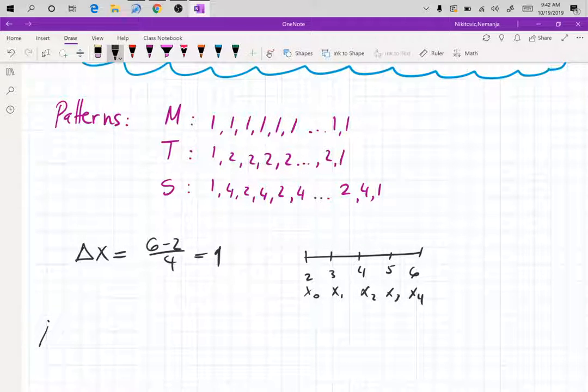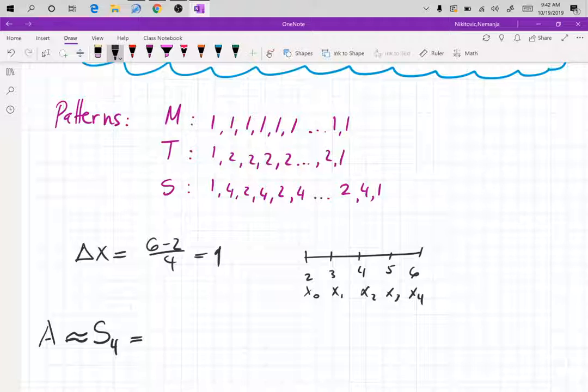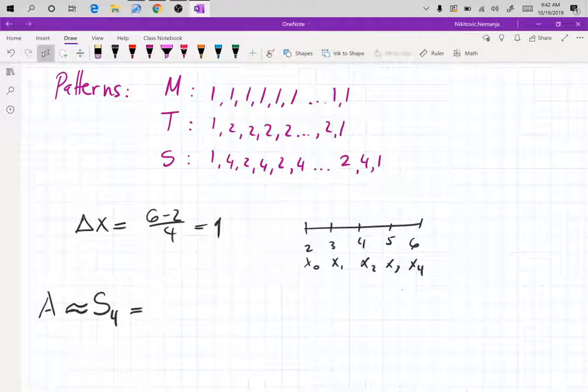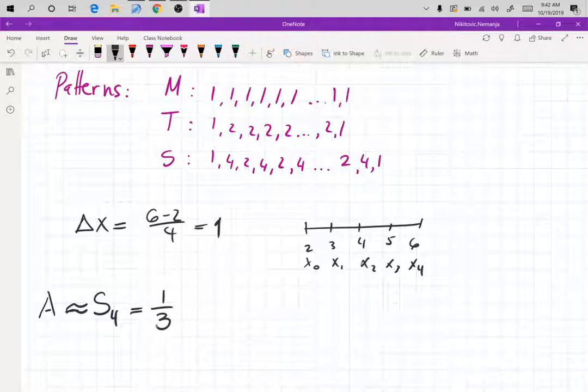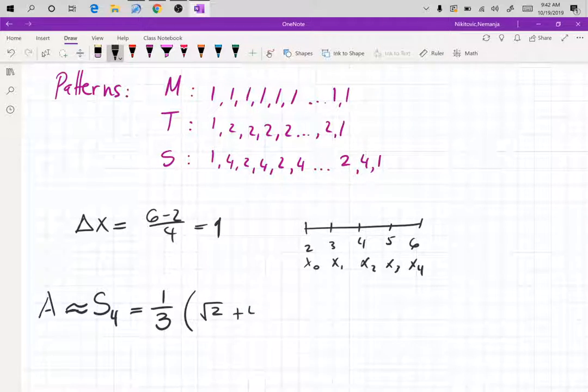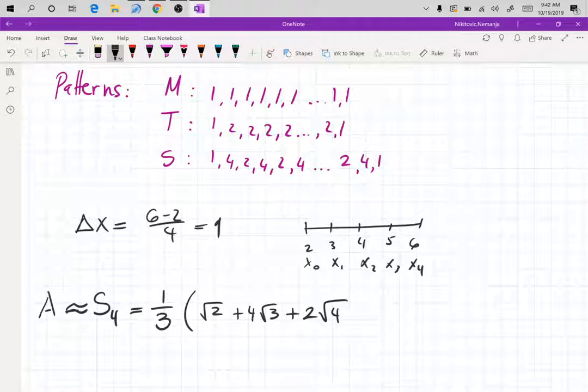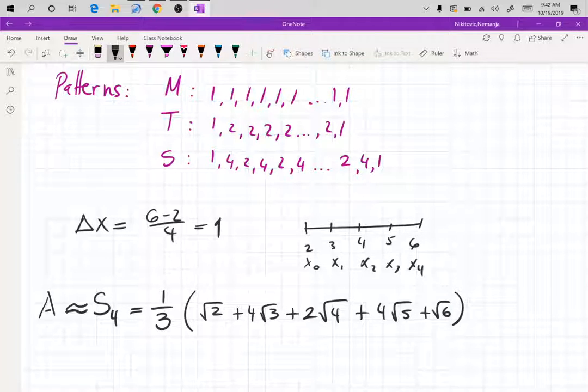And now the area approximated by S4, because it's 4 rectangles, is delta x divided by 3 times 1 times x0, so that's square root of 2, plus 4 times square root of 3, plus 2 times square root of 4, plus 4 times square root of 5, plus square root of 6. So you see your pattern of 1, 4, 2, 4, 1.